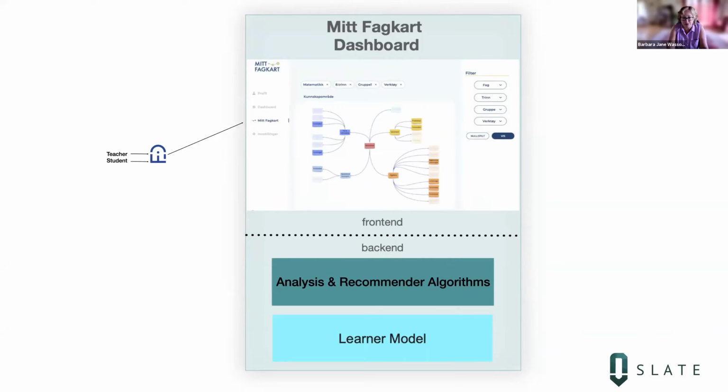This makes it possible to get the data for one student from many different tools. And then on the back end, we have a learner model. If you remember when I showed you Bodily's way to look at learning analytics from the beginning, where they had some kind of student data inside of the learning environment, we are creating that learner model from across all these tools. And then we've got analysis and recommender algorithms that are going to work on this particular data. Everything's not finished, I'll just tell you that now, but this is how we're moving.